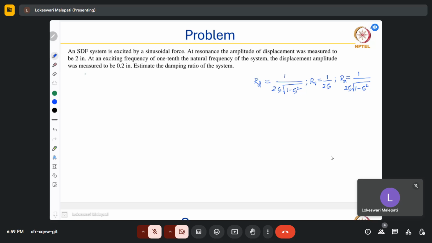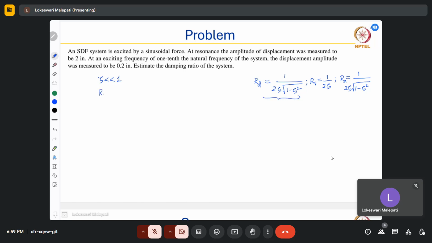So for this, we can directly use the deformation response factors that we know. So first of all, at resonance, we can assume that the damping ratio is very much less than 1. And if we assume this, then the amplitude at resonance is this.